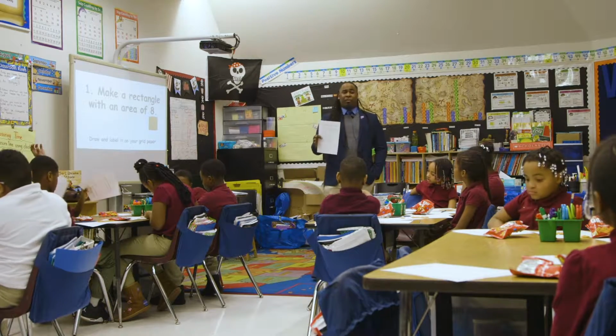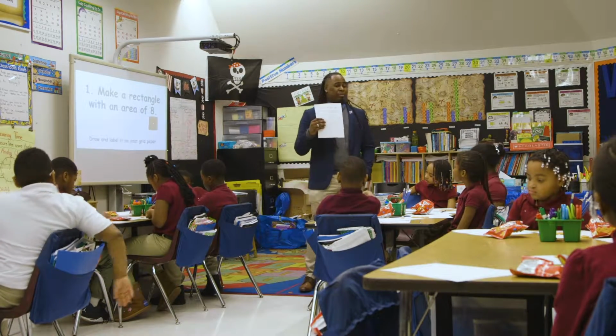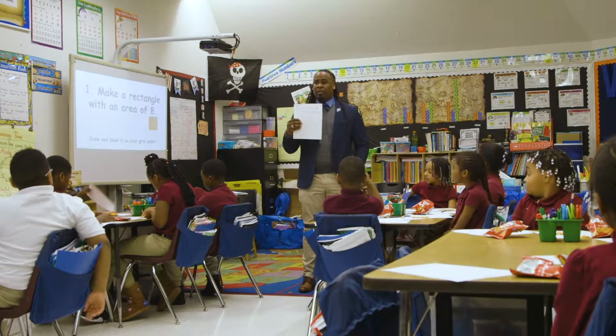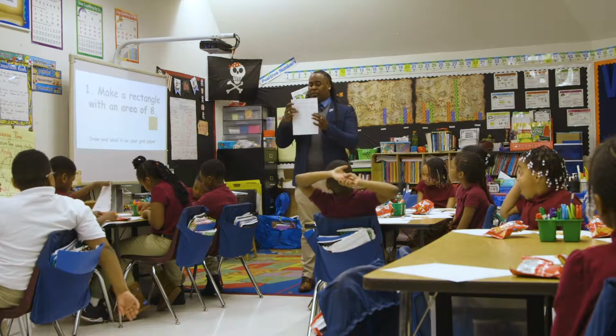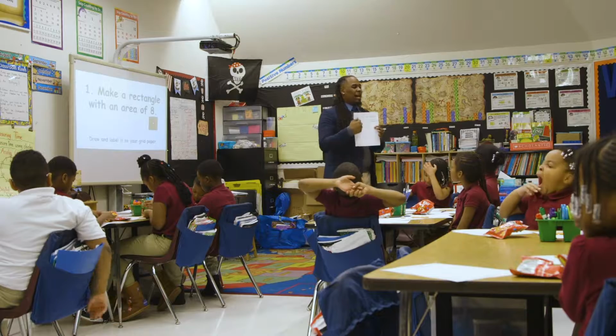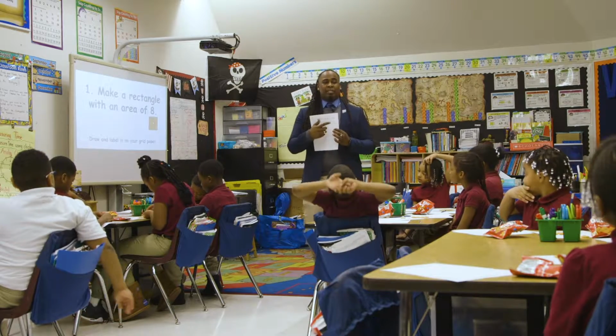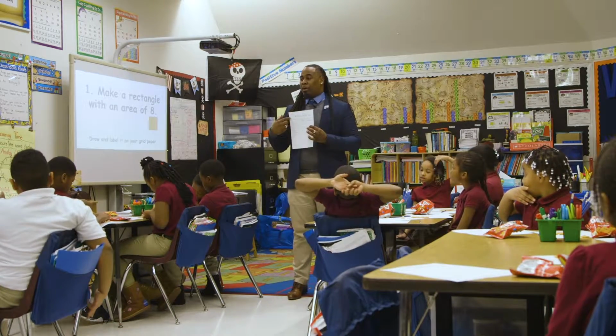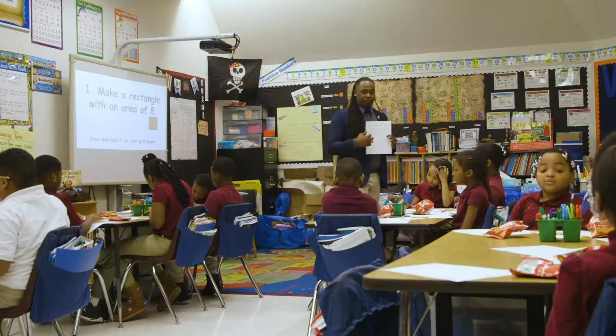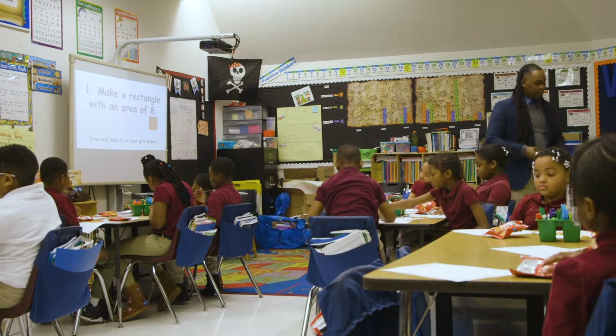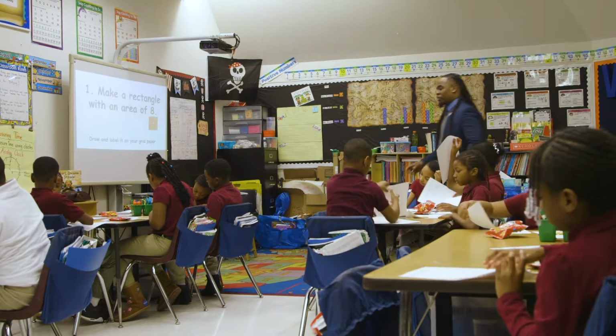So if we know what arrays are, could we actually probably put a multiplication sentence that goes with this? Yes, we could. So I want to challenge you, even though you're creating the square units, to think about what multiplication sentence we can apply to go with our area. Capiche? Go ahead and get started with your questions that are on your separate piece of paper. And you may work with your partner.